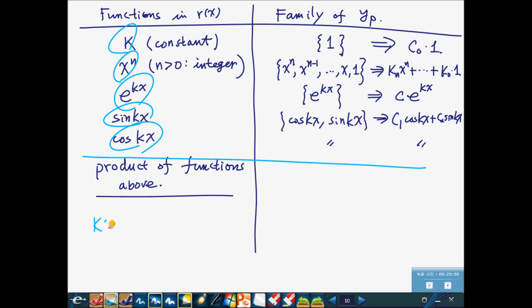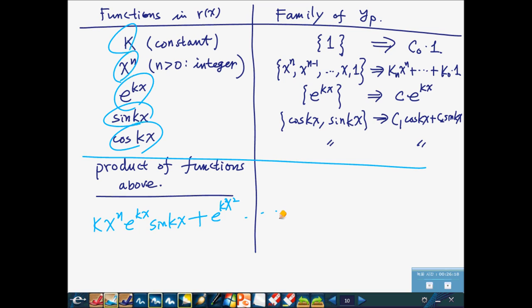K times xn times e to the kx sine kx plus e to the kx squared, I don't know. Any product will be given.